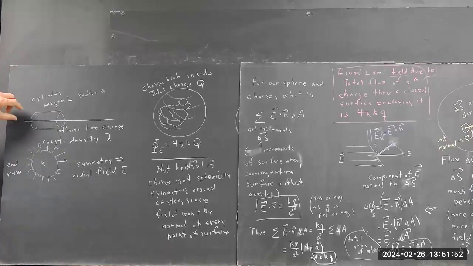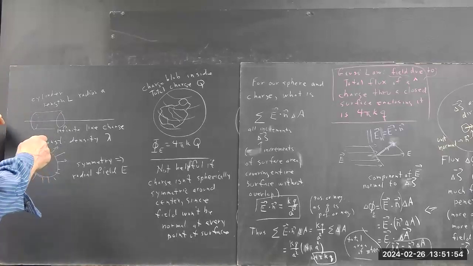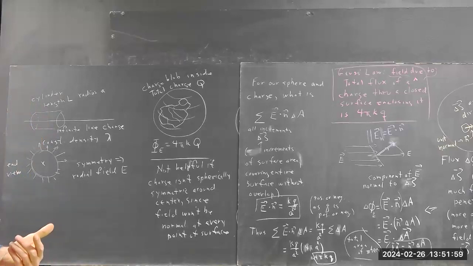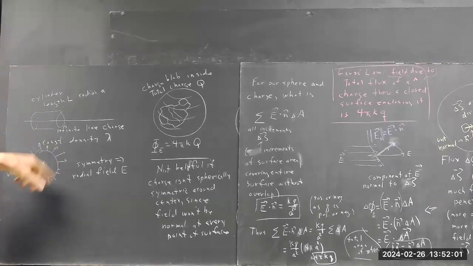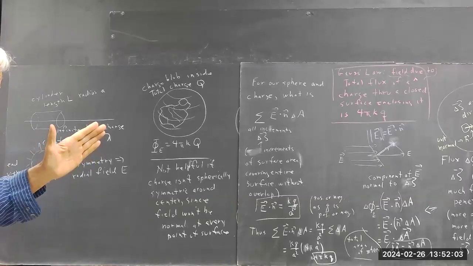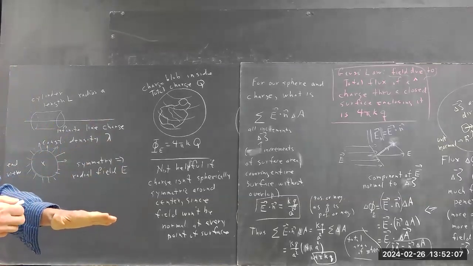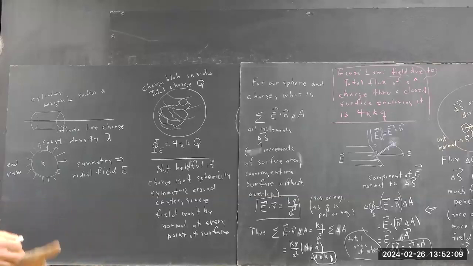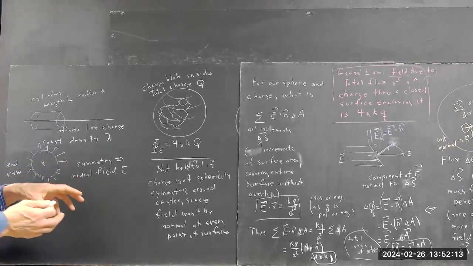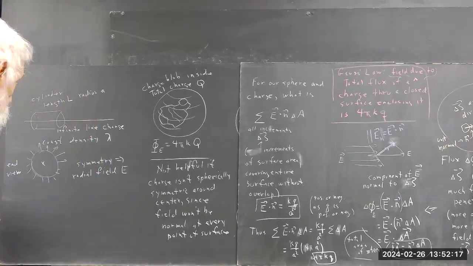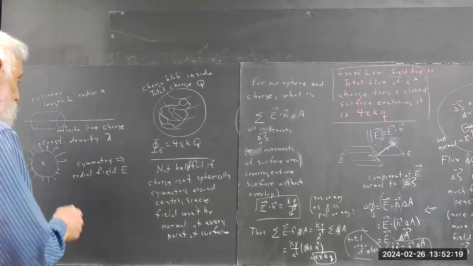If you have an infinite line charge and rotate it a little bit, it's not going to affect the field at any point. Meaning the field has to be radial, because if it was off radial here and then you rotated it, it would be off radial down here, and it wouldn't be the same. If you reverse the thing, then it's off radial in the opposite direction, and the same thing happens.